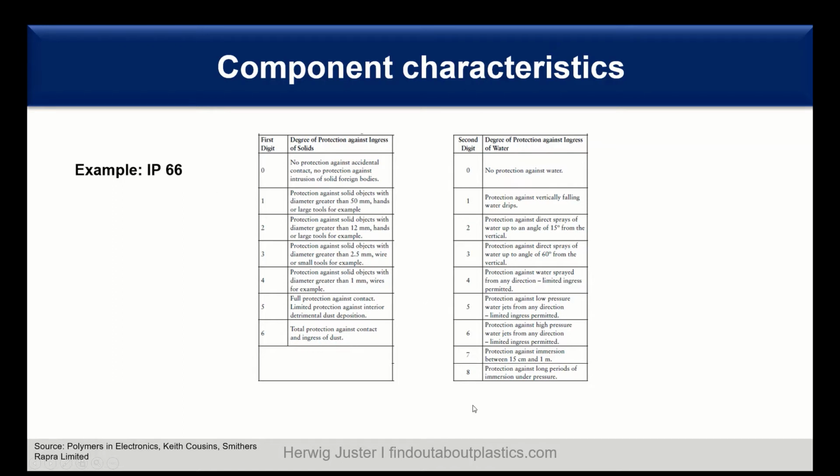And the second 6 is then here protection against high pressure water jets from any direction. So this is a typical IP scenario. So and this you have to consider then for the material selection, to always check such tables.